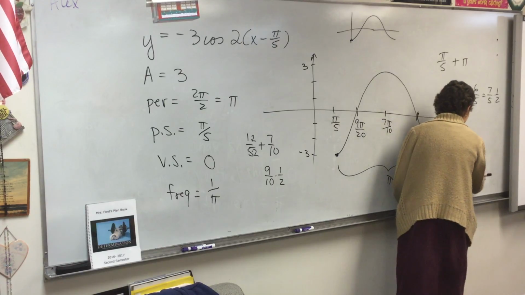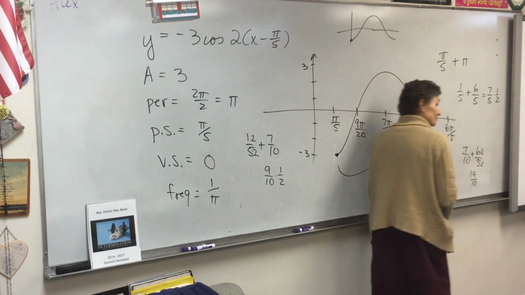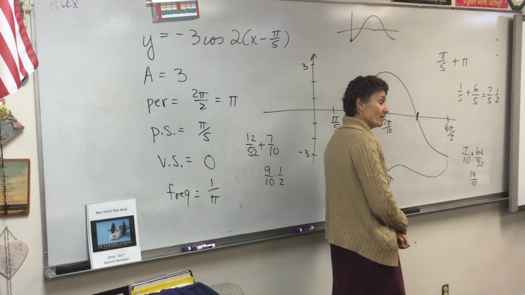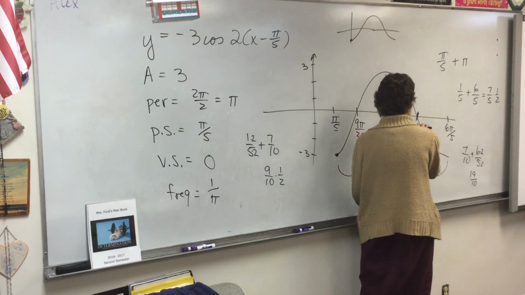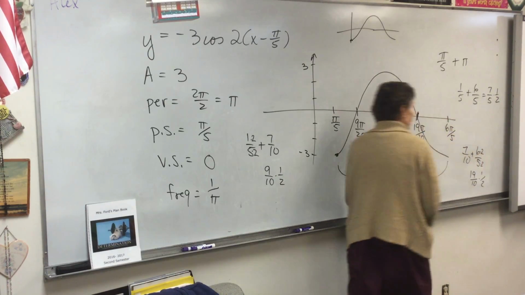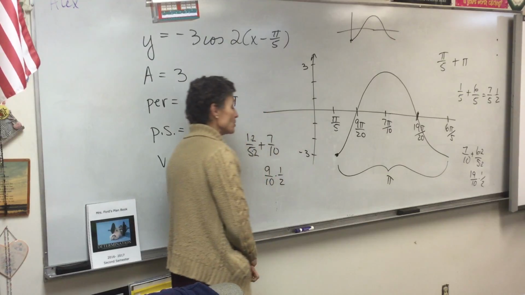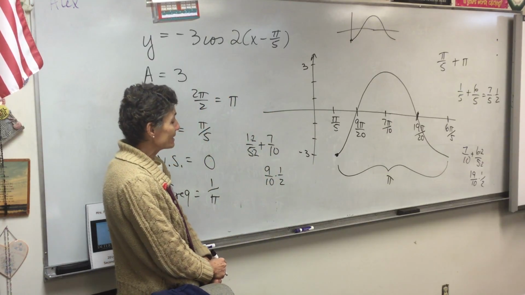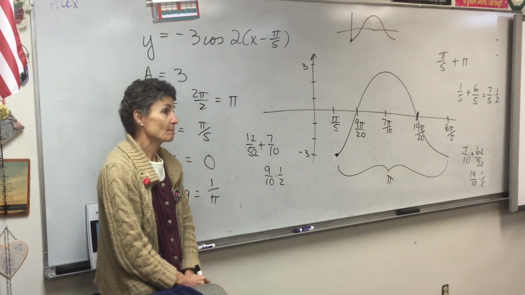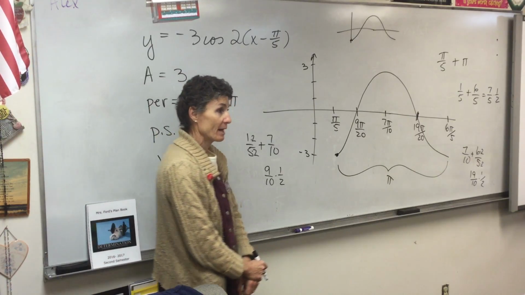Is that 19/10? Yeah. And don't forget, you need to take half of it, so it'll be 19/20. You can multiply it by a half. When you find midpoint, you average. You add and divide by 2. Since I've got fractions, I'm going to add and multiply by a half.